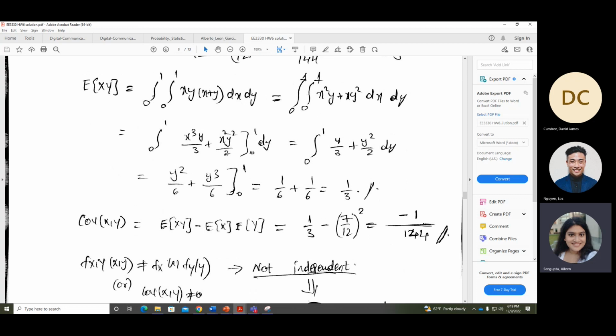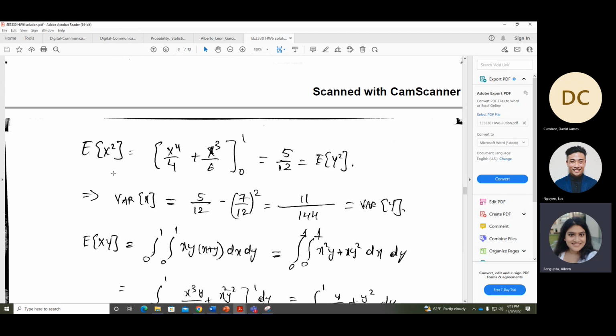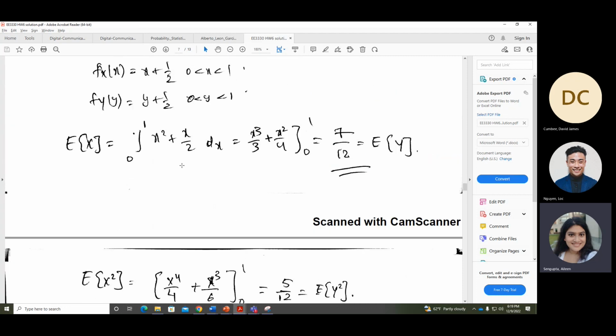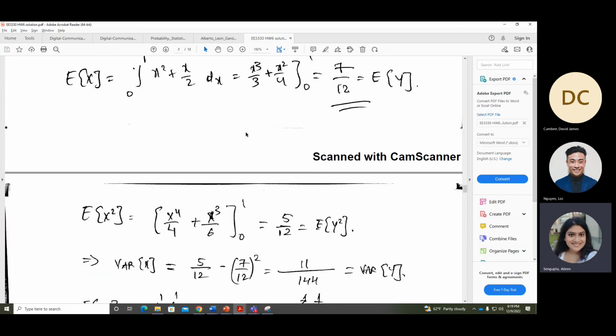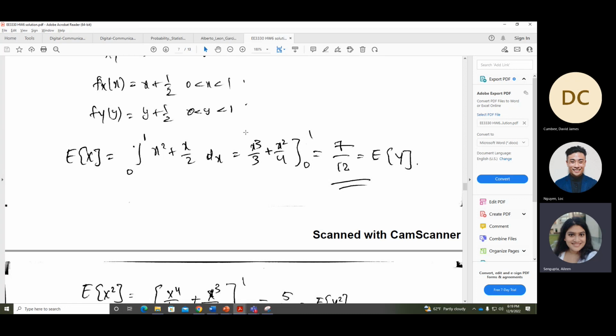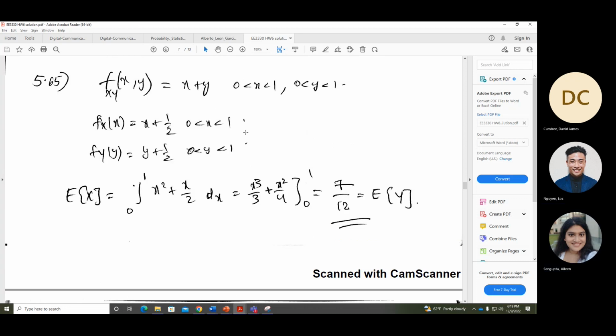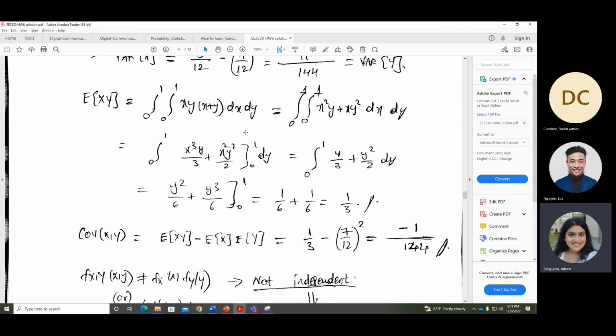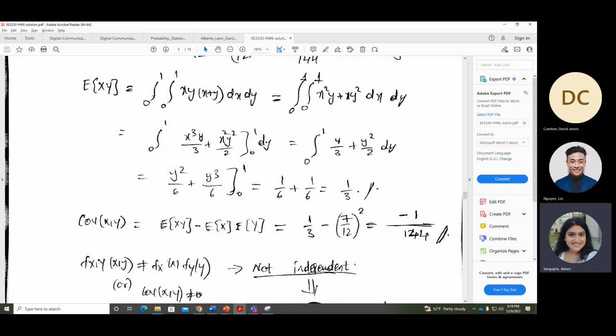Once you try to find it out, this is just plain integration, as you can see. I can definitely solve this for you, but this is just you remembering that if it's E of X squared, you square the terms together, and if it's E of X, you just take E of X. So basically your covariance is E of XY minus E of X times E of Y. This formula will be given at the back of your exam, and you just have to put in the numbers.